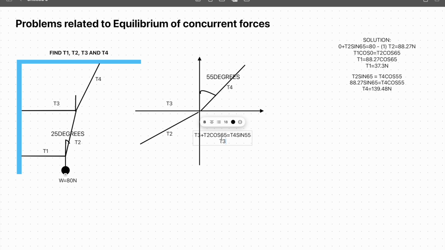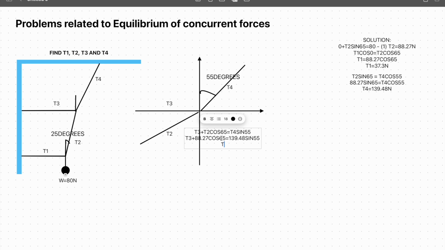We know the value of T2 is 88.27, cosine of 65, and the value of T4 is 139.48, sine of 55.